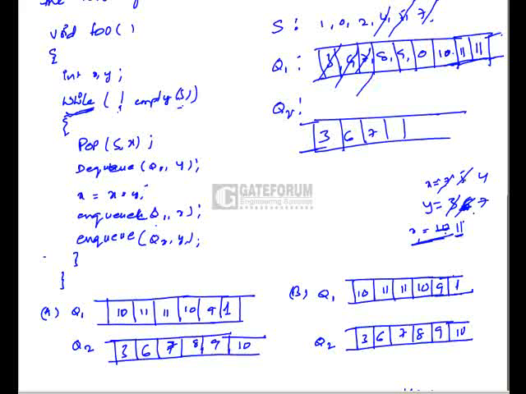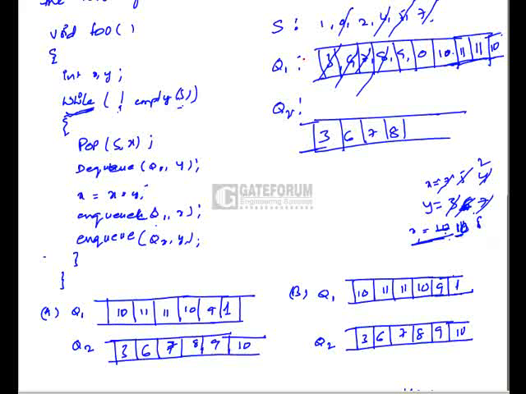Now 2 is popped. Now x will become 2 and y will become 8. 2 plus 8, 10. Now x is 10 and this is inserted into Q1, and this y, which is 8, is inserted into Q2.